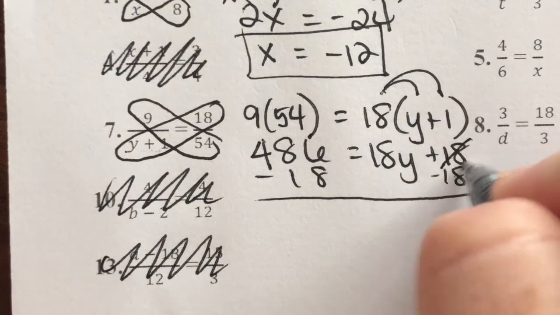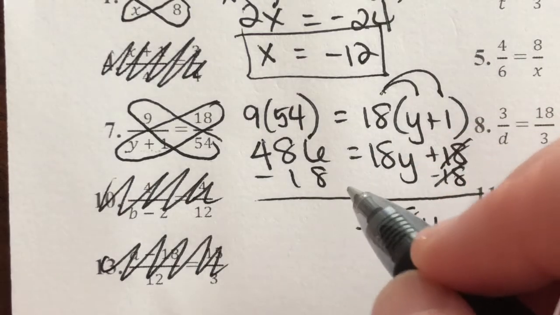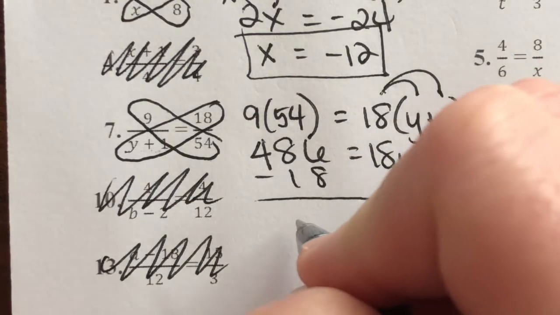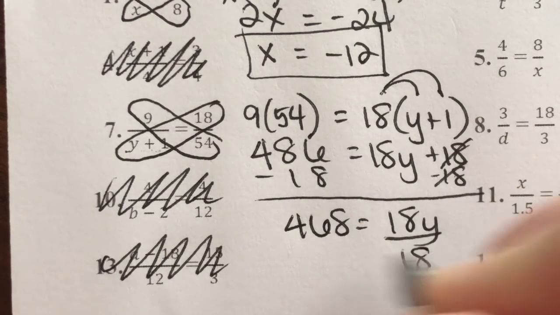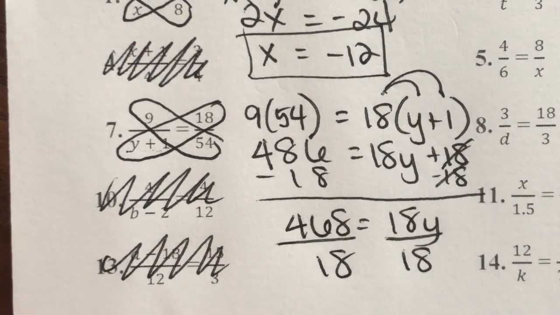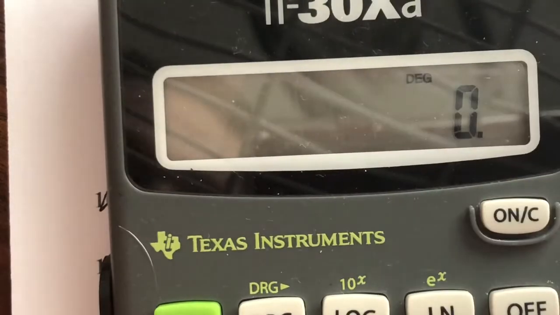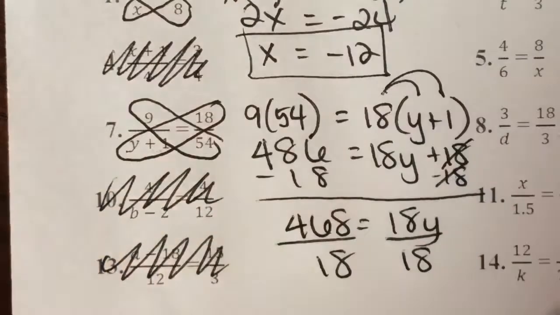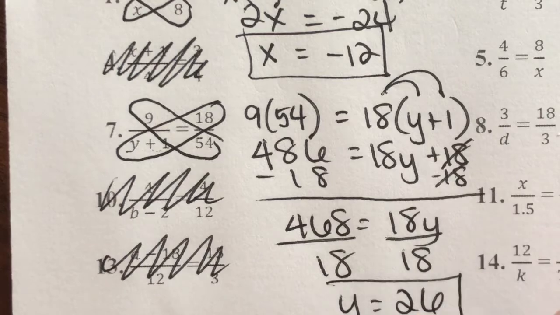Okay, so these 18s cancel, and I'm left with 18y here. 486 minus 20 is 466, but it's 2 more than that, so 468. And then divide both sides by 18, and luckily I have a calculator right here. 468 divided by 18, 26. So y equals 26 for that one.